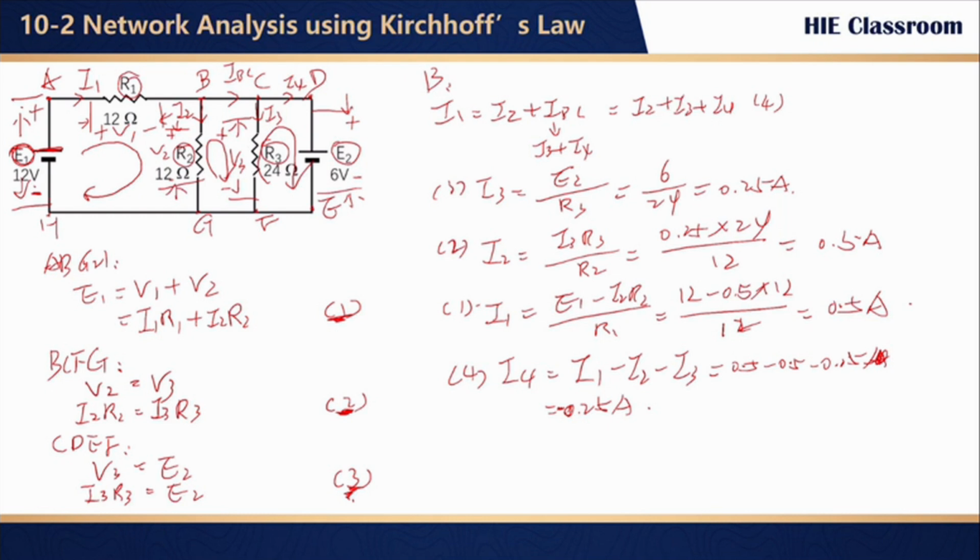It shouldn't go this way; instead it should go back from E2 and into the circuit in this way. Okay, here we go. We have I1 equal to 0.5 amp, I2 equal to 0.5 amp, I3 is 0.25 amp, and I4 is negative 0.25.